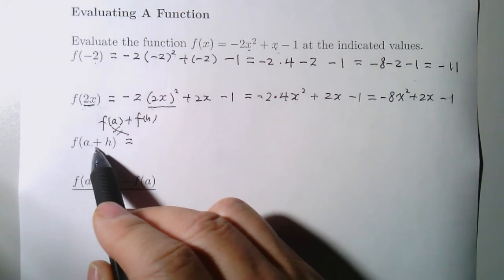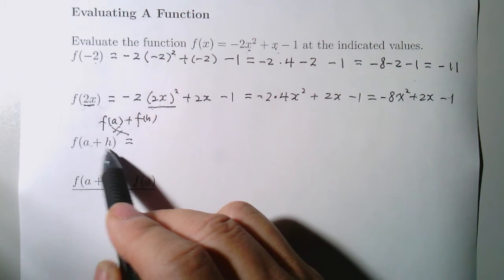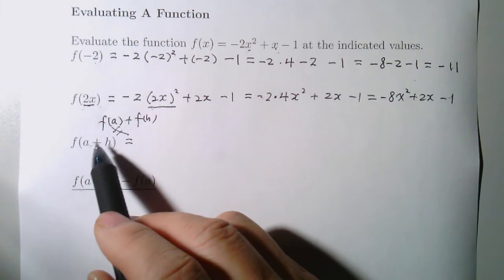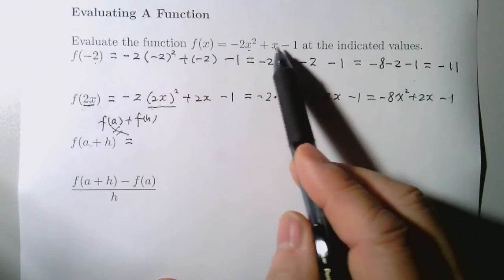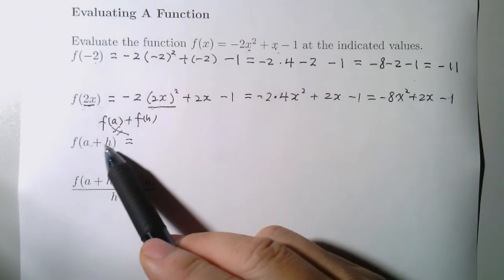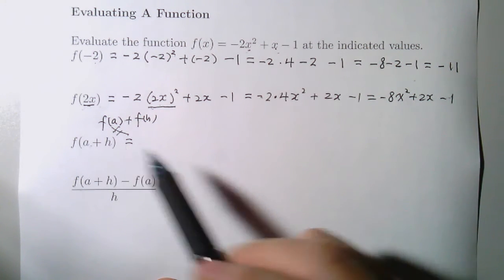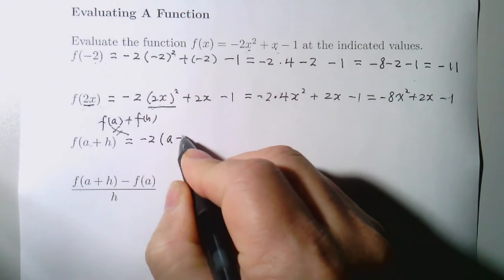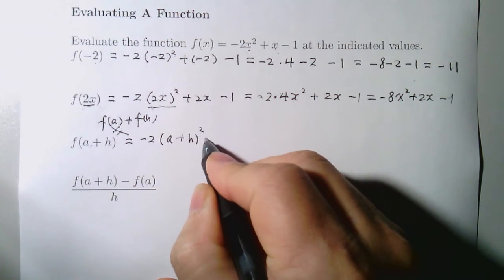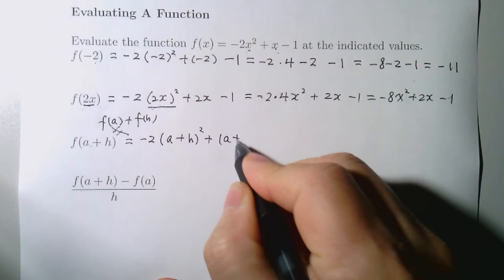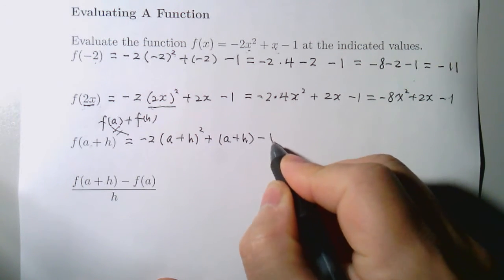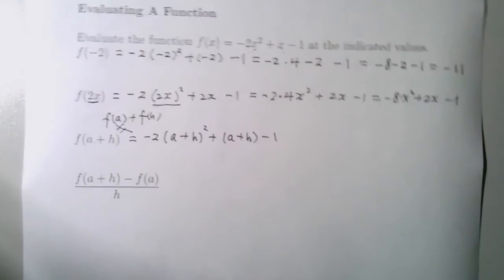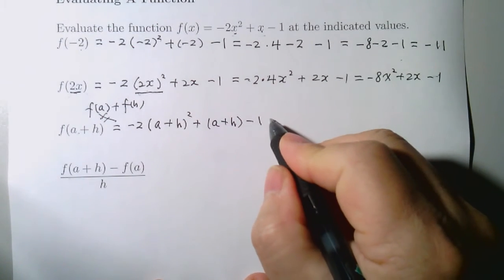So how are we going to evaluate this? f(a + h), same as before, you replace all x by a + h. So you have negative 2 times (a + h) squared plus (a + h) minus 1. Let's expand it.